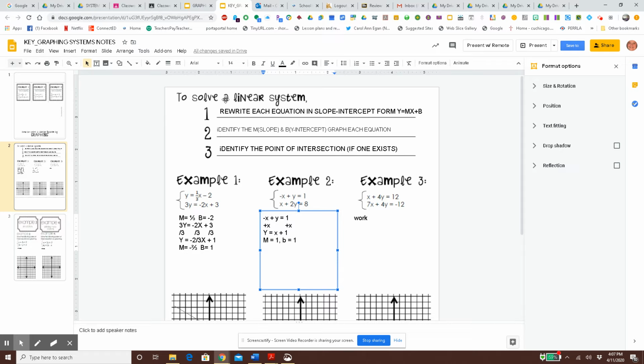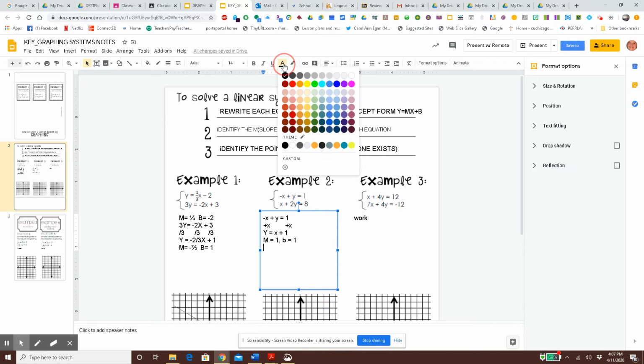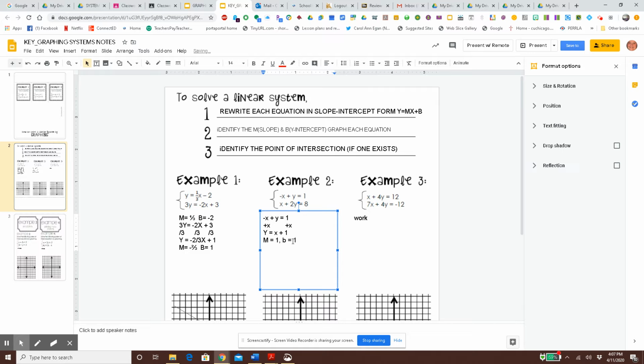We go down and do the second line. Actually, I'm going to change that to red text for the second line. So x plus 2y equals 8. I'm going to have to subtract x from both sides, giving me 2y equals negative x plus 8.